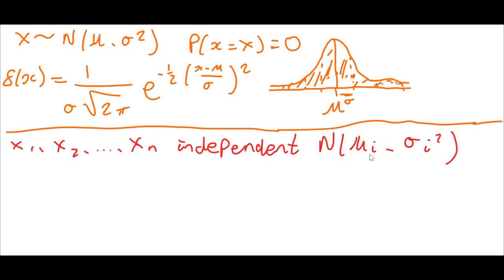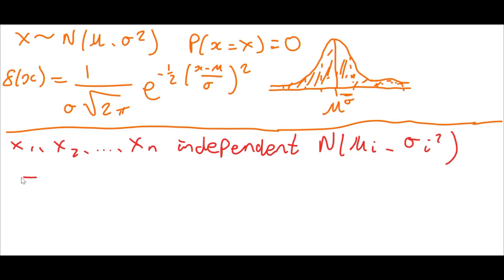So this subscript i corresponds to these numbers here, and that means that these are independent. Okay, so whatever x1 does doesn't affect x2, but the means and standard deviations can be different.